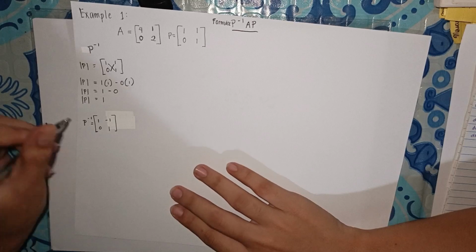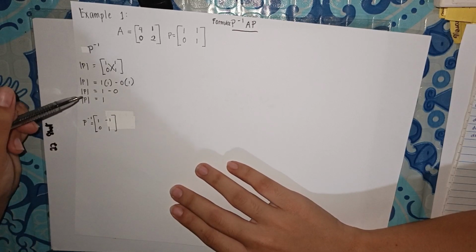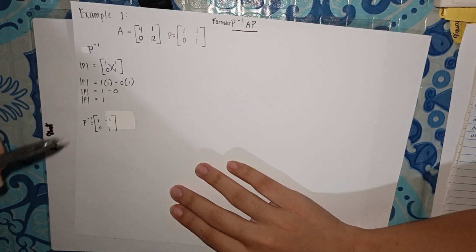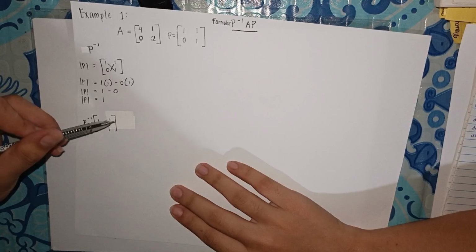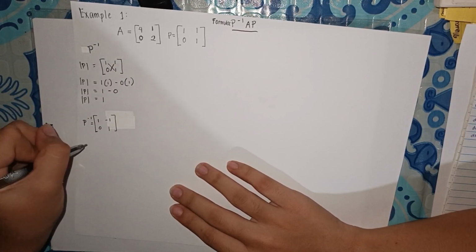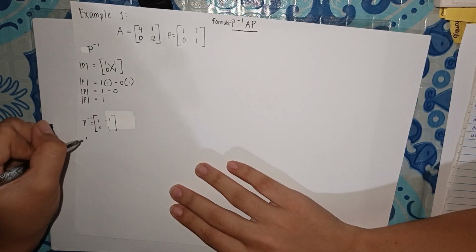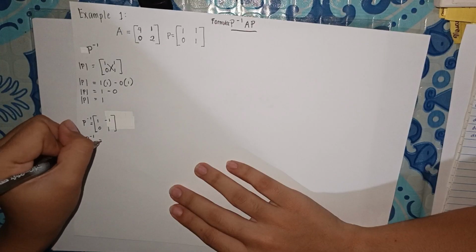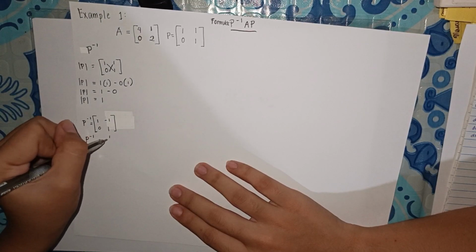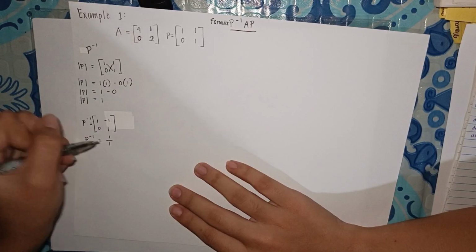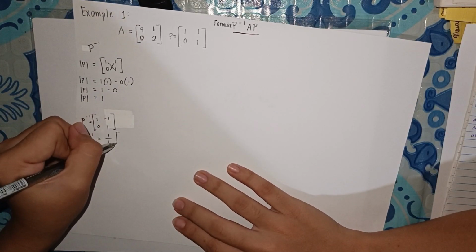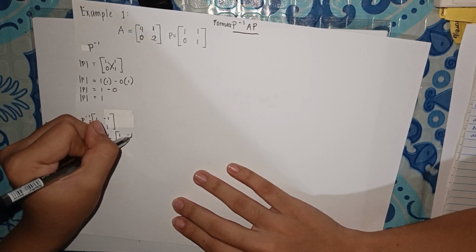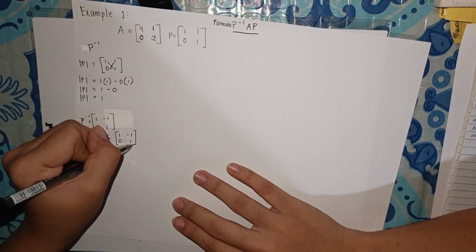Then next, we multiply 1 over the determinant of this matrix. So, inverse P is 1 over the determinant, which is 1, times 1, 1, 0, then negative 1 and 1.